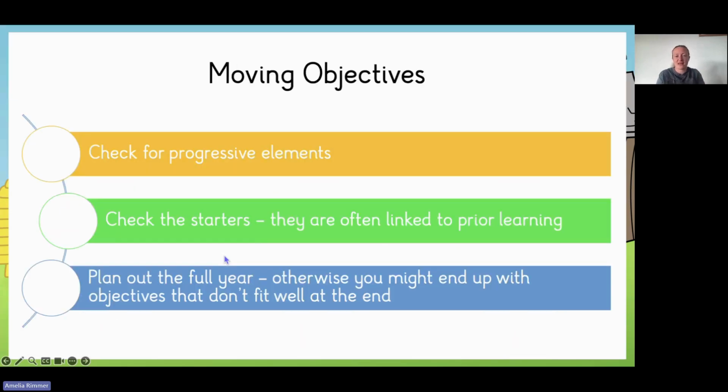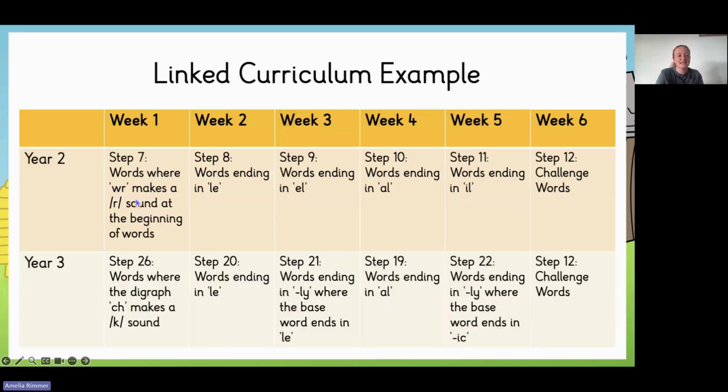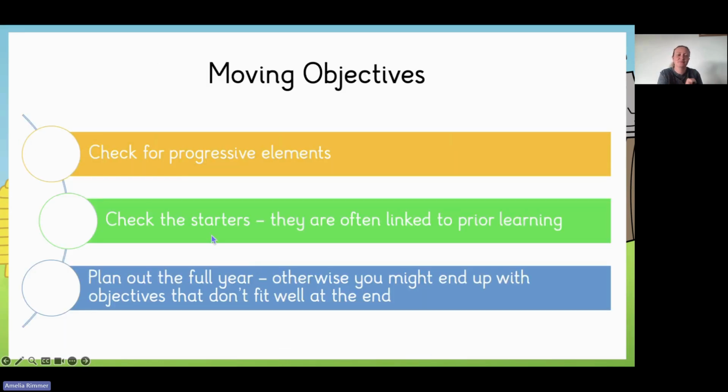If you are doing that though, if you're moving any objectives about, please make sure you check for any progressive elements. So for example, in that year 3 one, you've got words ending in LE, and then you've got words ending in LY where the base word ends in LE. Clearly you want to do the LE lesson first, so make sure you've still got that first and things like that.